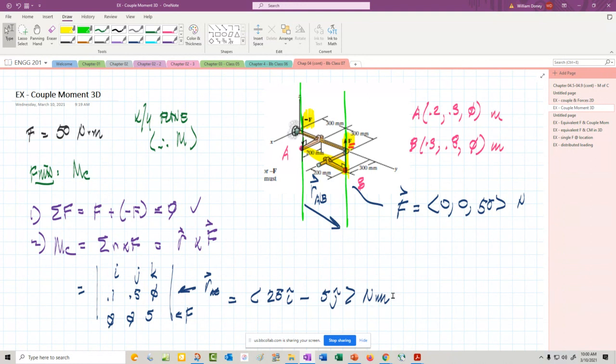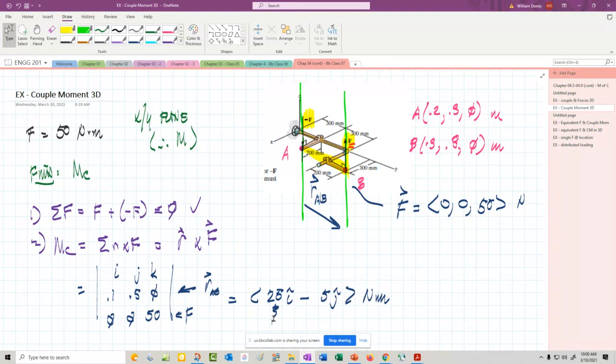Check that. That doesn't seem right. Hang on. I'm going to do that math again. 0.5. No, that should be a 2.5, I think. Oh, if I put 50 in here, it's 25. That looks better. And the IJ is 0.1. That's 5. Okay. Yeah. All right. That looks good.